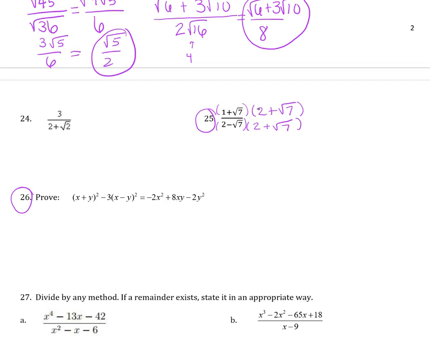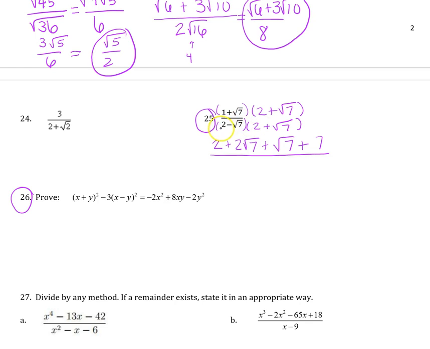Okay, so I'm going to do the numerator first. So I've got 1 times 2, that gives me 2. Then I got 2 radical 7 plus radical 7, and then radical 7 times radical 7 is radical 49, or 7. My denominator is really nice because the conjugate is what gets rid of my middle terms, my inners and my outers.